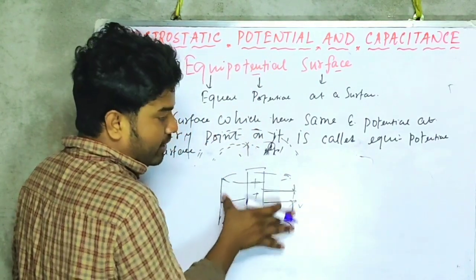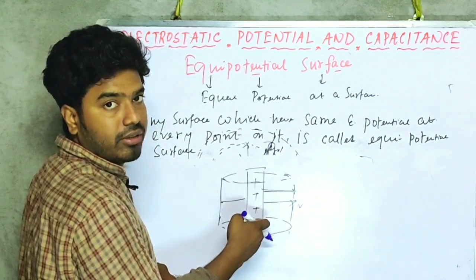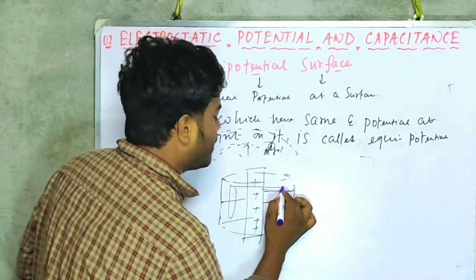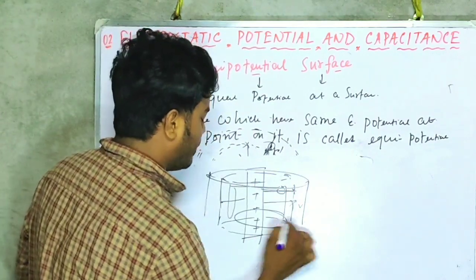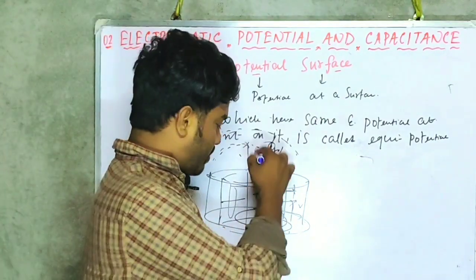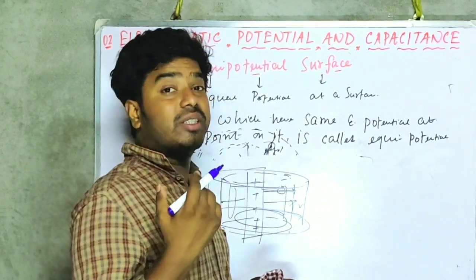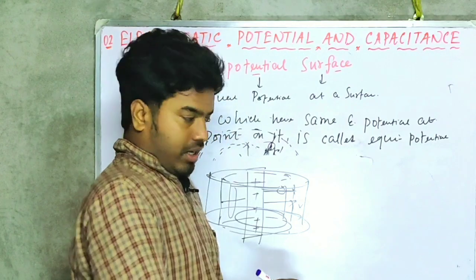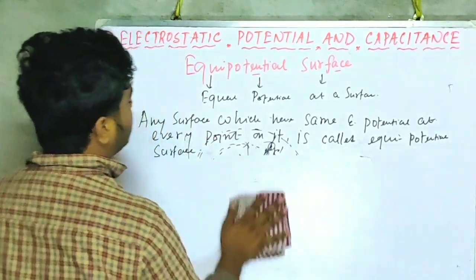So this cylindrical surface is called the equipotential surface for a line charge distribution. Clear? This cylindrical shape is also an equipotential surface, so for a linear charge, the concentric cylinders are the equipotential surfaces. Now we have to learn some properties of equipotential surface.